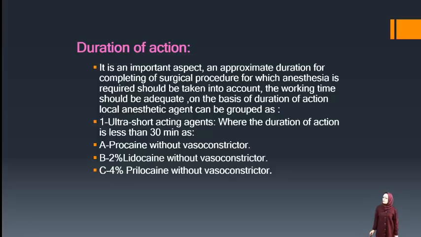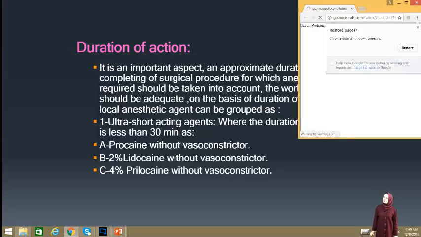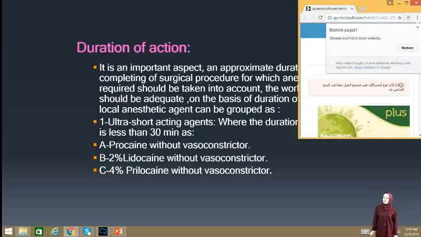On the basis of duration of action, local anesthetic agents could be grouped as: number 1, ultra short acting agents where the duration of action is less than 30 minutes: A. procaine without vasoconstrictor, B. 2% lidocaine without vasoconstrictor, C. 4% prilocaine without vasoconstrictor.